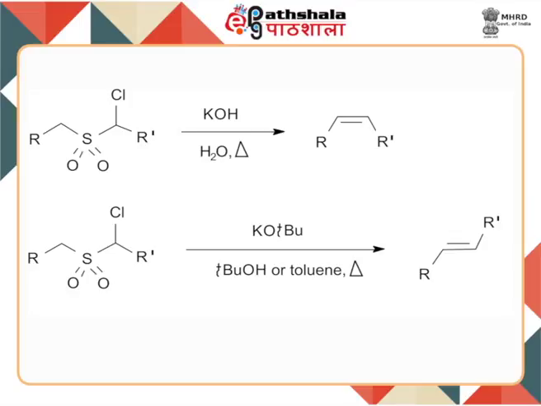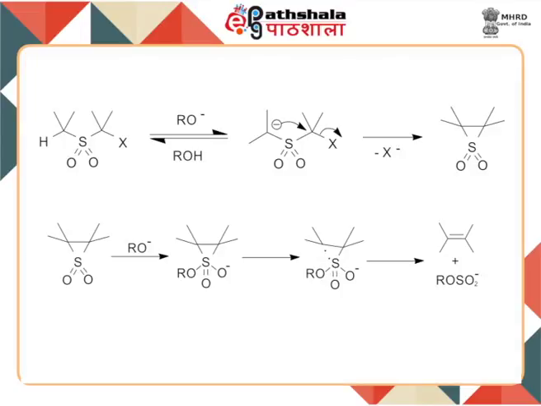Z alkenes are often observed with weak bases, whereas strong bases give predominantly E alkenes. The overall transformation is the conversion of the carbon-sulfur bonds to a carbon-carbon double bond. The diagram shows the mechanism of the Ramberg-Backlund reaction.